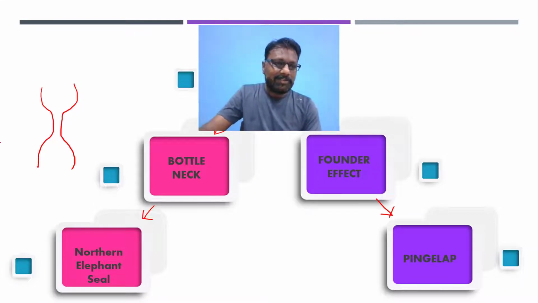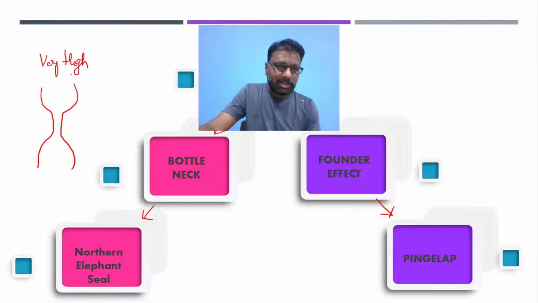In the northern elephant seal, initially the population may be very high, but due to adverse conditions or the activities of humans, the northern elephant seal was brought to the verge of extinction, so their number decreased from 1 lakh to 50, and again they were brought back to 1 lakh.